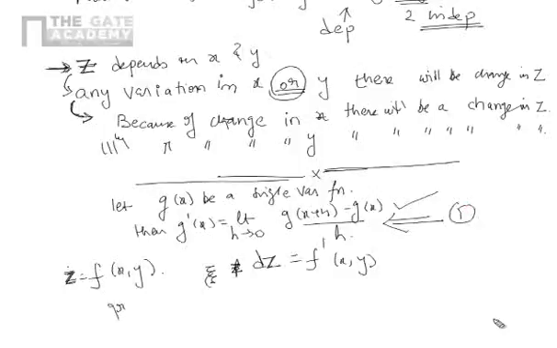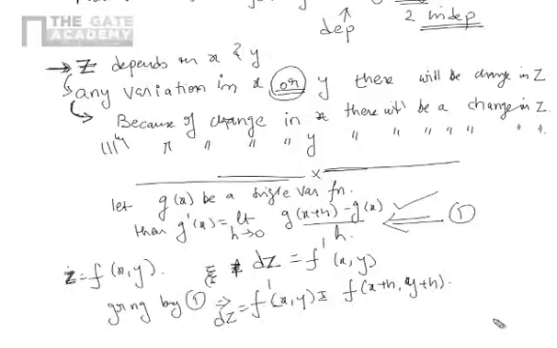Going by 1, what do we get? F dash, that is my dz, is same as f dash of x comma y. That is nothing but limit h tends to 0 of f of x plus h, y plus h, minus f of x comma y, by h.